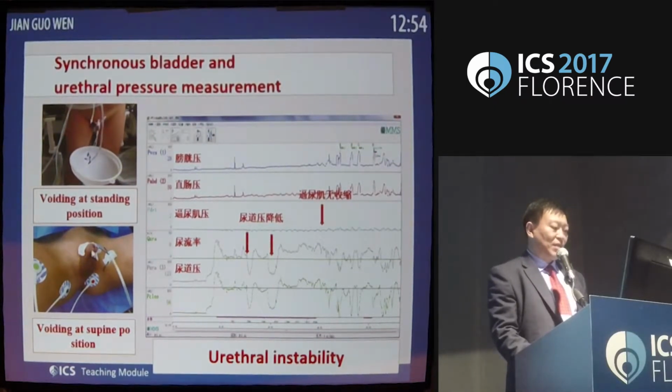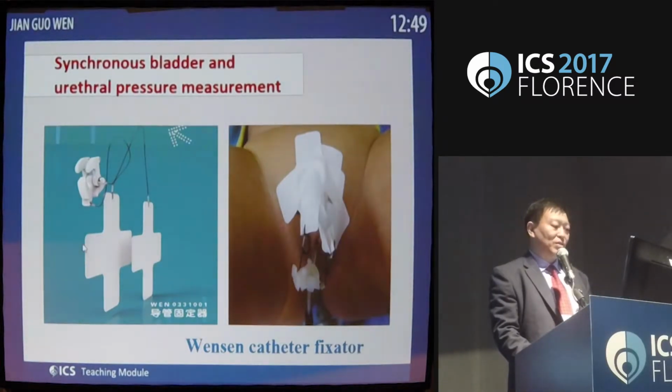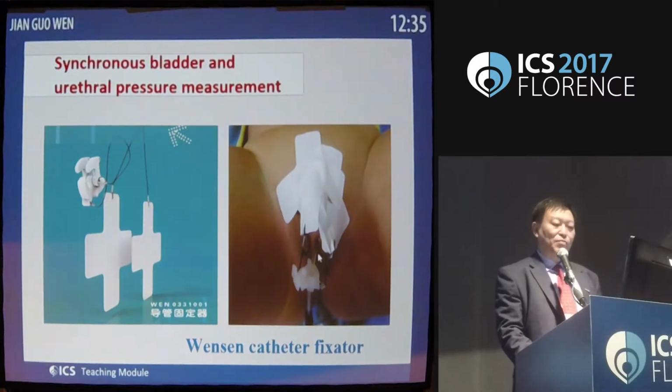This catheter shows how to measure the urethral pressure. We use this catheter fixer to fix the urethral catheter and keep it stable during the bladder pressure measurement.